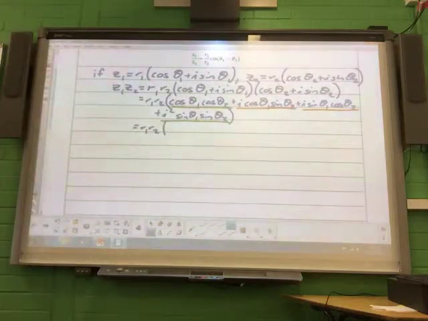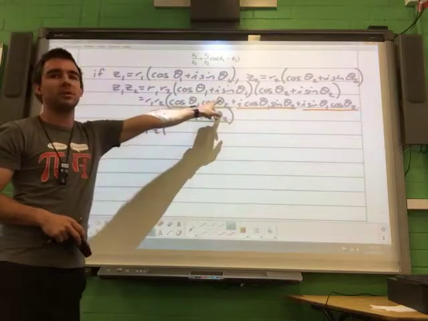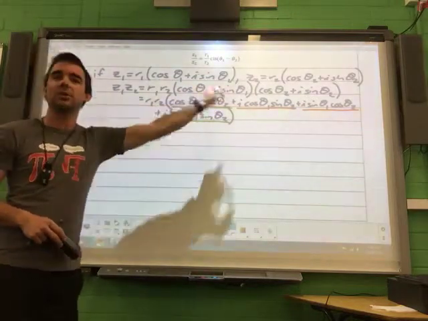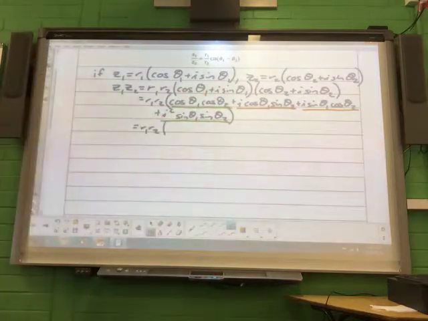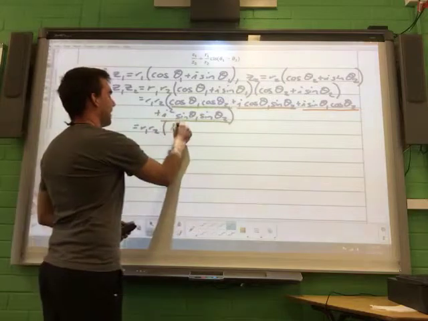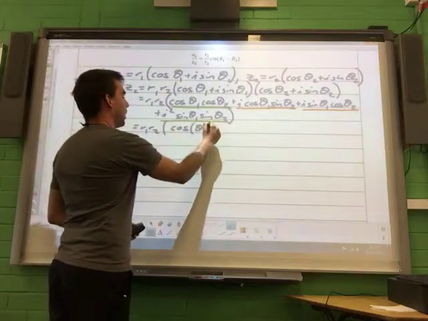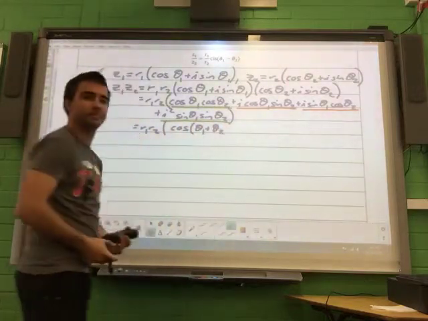Where have I seen that before? Cos of theta 1 plus theta 2.